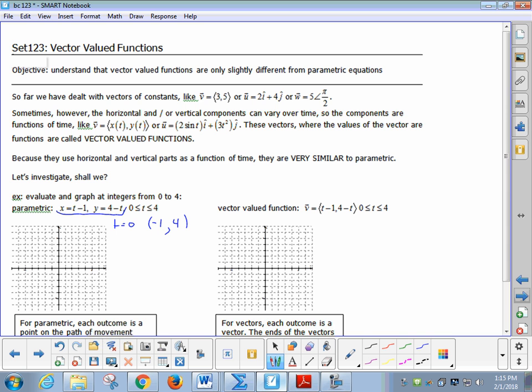Negative 1, 4. Now that is a point on the path of travel, so I could put a point there. At time equal 1, I would have the coordinates 0, 3, time 2, 1, 2, time 3, 2, 1, and time 4, 3, 0.